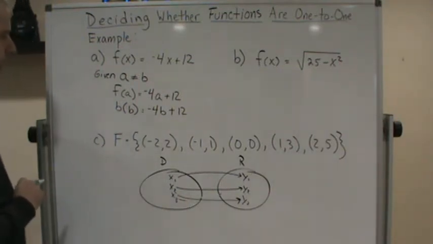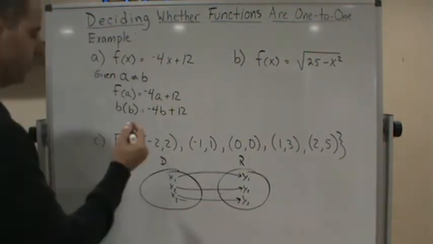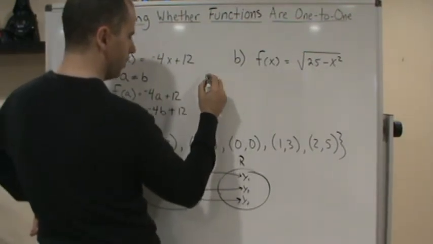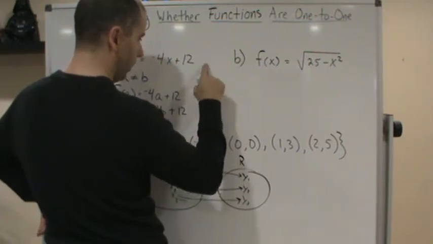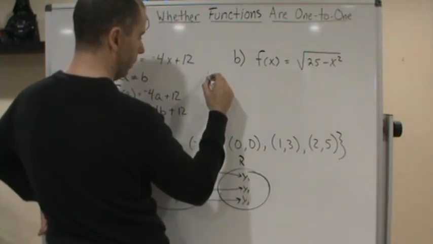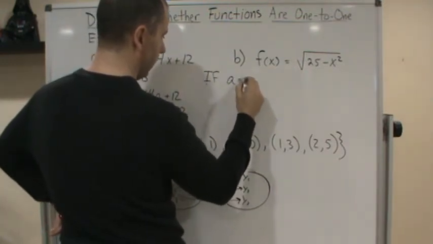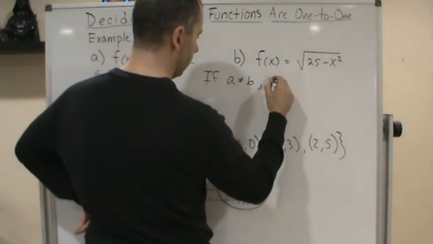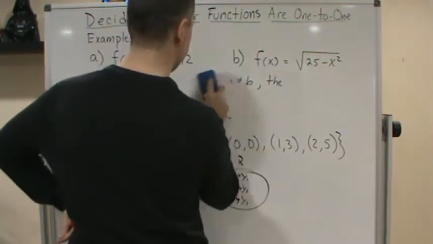If we use the definition, one way we can do that is, and I meant to mention this, let me go back to the definition. We're saying if a is not equal to b, implies, so we're saying, hold on, sorry.